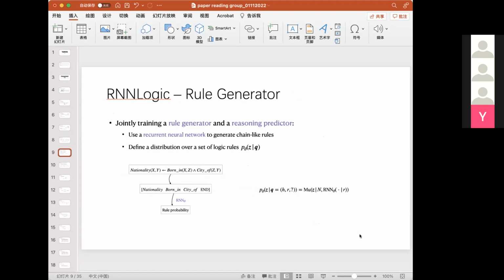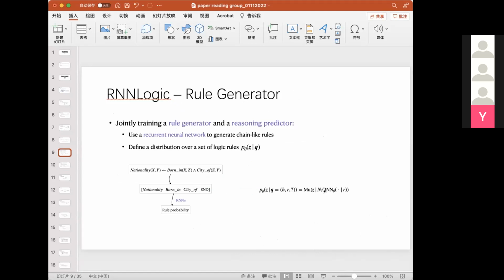So at this point, this rule generator can receive the signal or the guidance from the data. And then this RNN model can be improved based on the returned high quality rules.